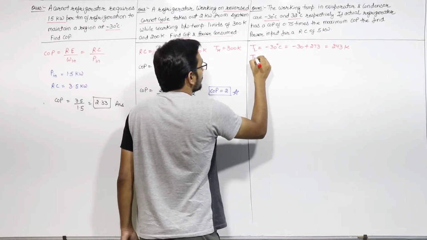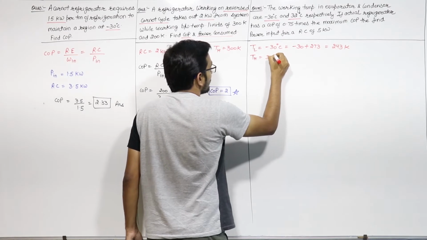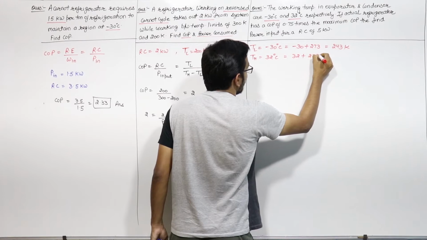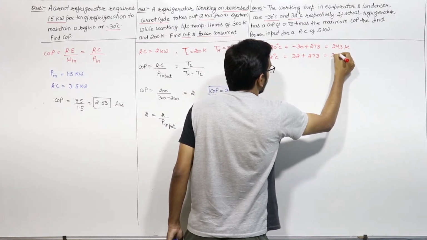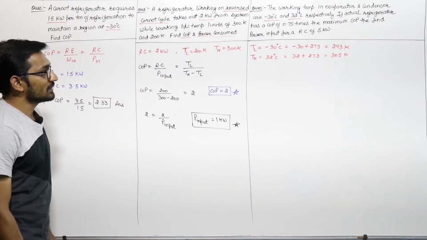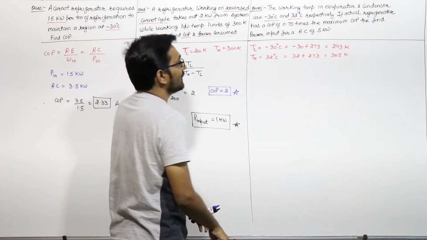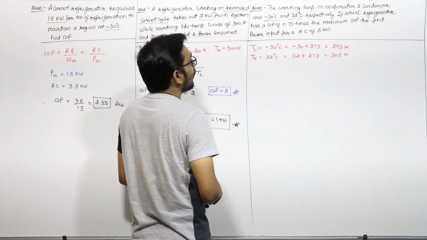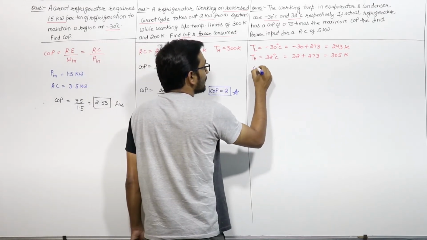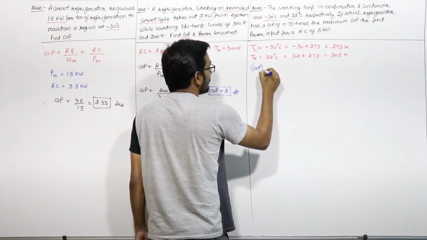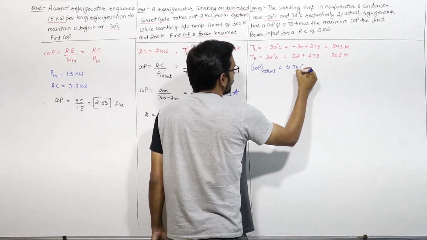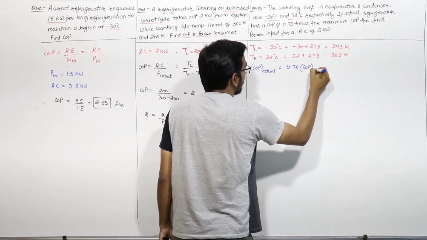And the higher temperature is 32 degrees Celsius, it is given, that is equal to 32 plus 273, which is 305 Kelvin. These are the temperatures. If the actual refrigerator has a COP of 0.75 times the maximum COP, it is given that the actual COP of the refrigeration cycle will be 0.75 of the maximum COP.